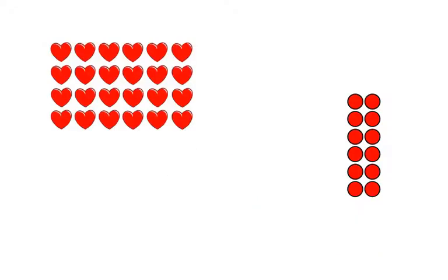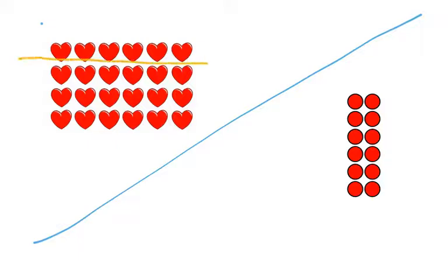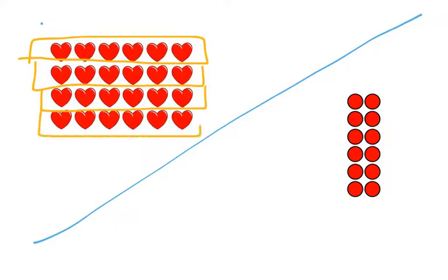So now let's take a look at these two arrays. We have 2 separate arrays, and we're going to look at the one towards the top first. So we're going to look at this guy first, the one with the hearts. So the first thing we're going to do is we're going to count how many rows we have. 1, 2, 3, 4 rows. 4 times.